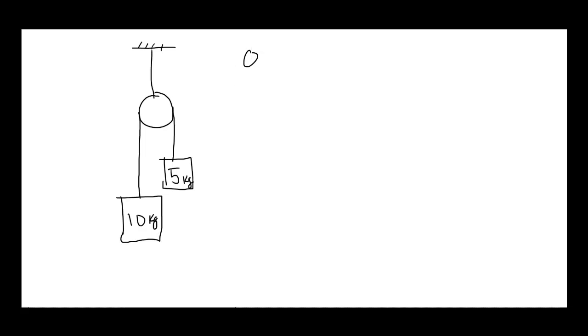So here's a pulley, and I've got a 5 kilogram block here, and then I've got a 10 kilogram block here. So this is 5 kilograms and 10 kilograms. And now the question is, what's the acceleration?